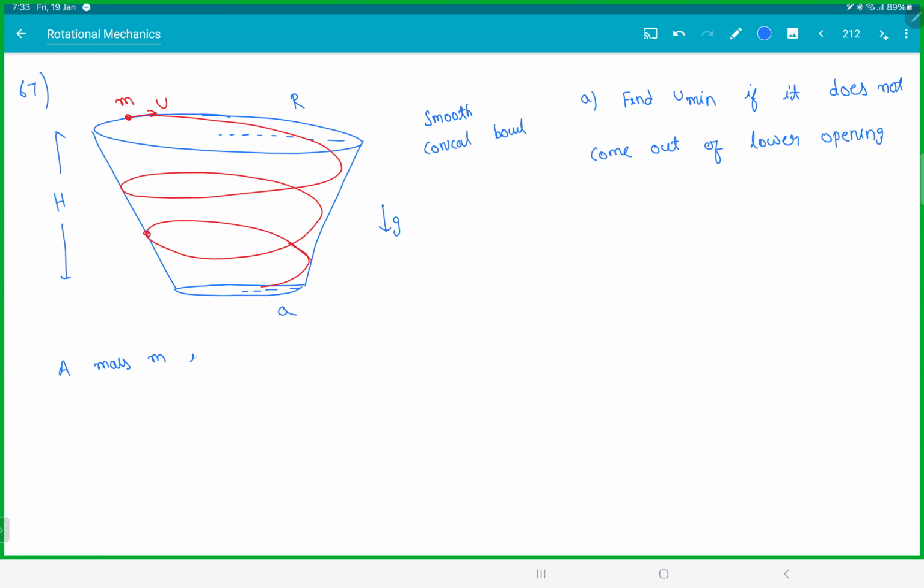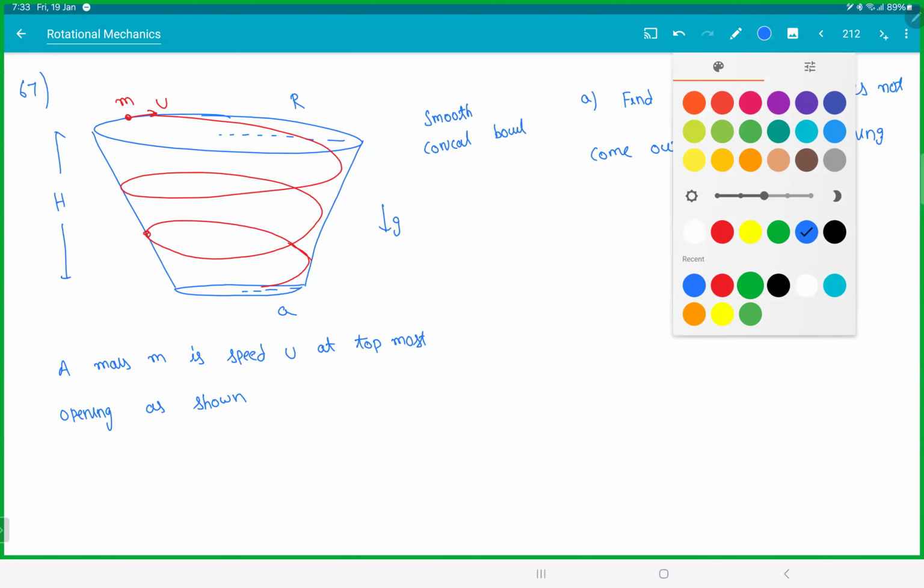A mass m is projected with speed u tangentially at the topmost surface. I hope the diagram is clear, everyone.